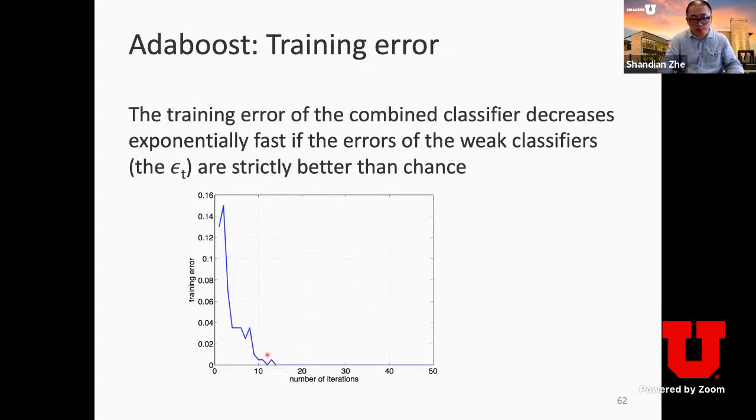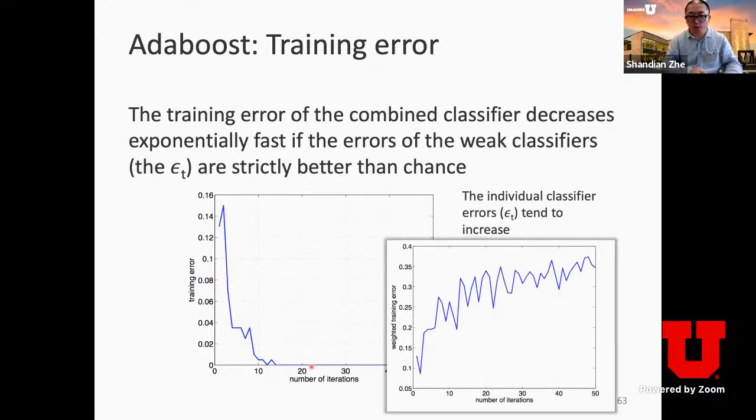You can see that along with more and more weak classifiers, the training error of AdaBoost decreases very fast and then reaches 0. Even as you learn more and more weak classifiers, the training error stays at 0.